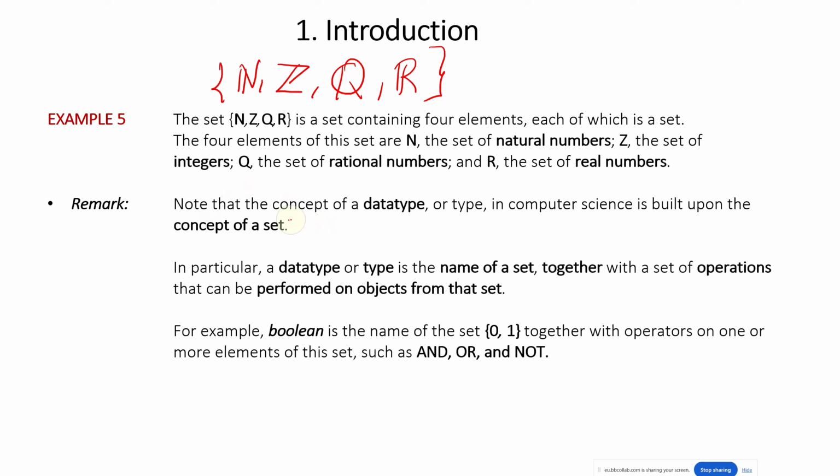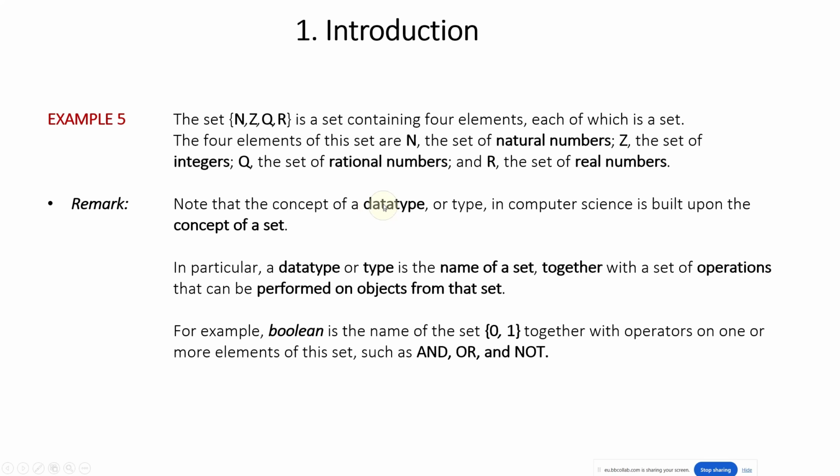What we're talking about here with sets is actually associated with data types, because when I say int x, basically I'm saying that x can belong to one of the sets. For example, the Boolean has a set of 0 and 1, or true or false, and so on.